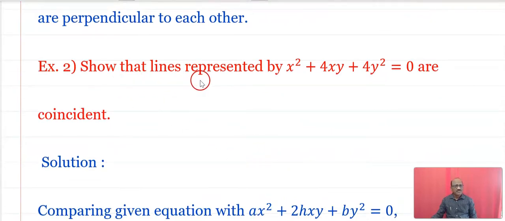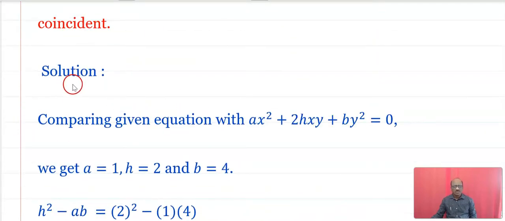Show that the lines represented by x² + 4xy + 4y² = 0 are coincident. Solution.